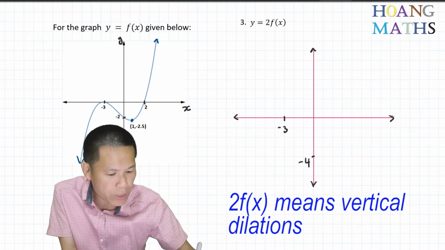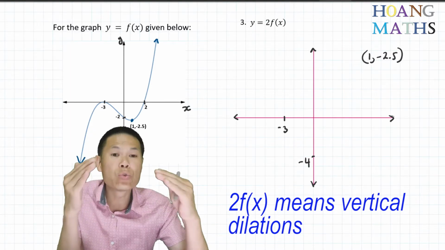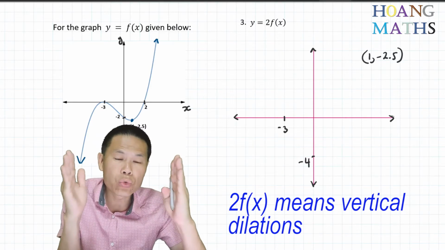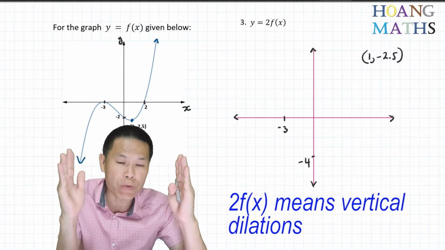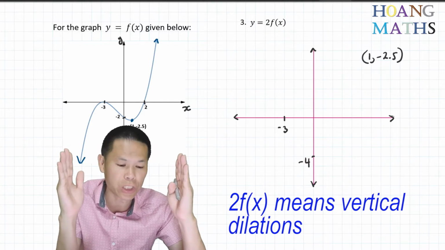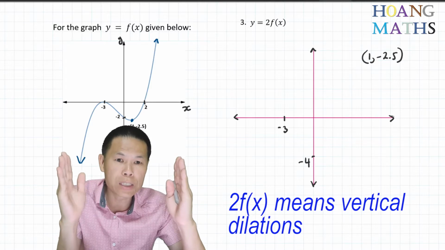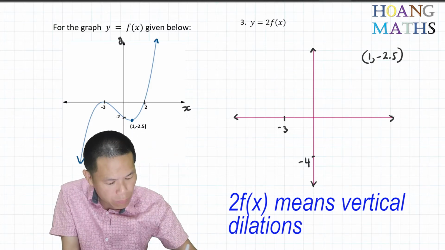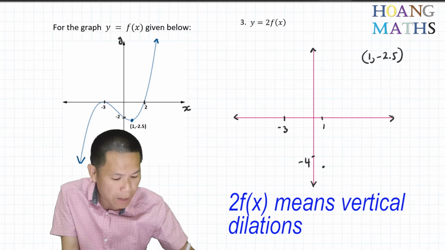And the turning point is 1, negative 2.5. Now 2 lots of f of x means 2 times the y value. Okay, so with the dilation, remember the y changes, x doesn't change. So 2 times negative 2.5 is negative 5. So the turning point is 1, negative 5, just right here.